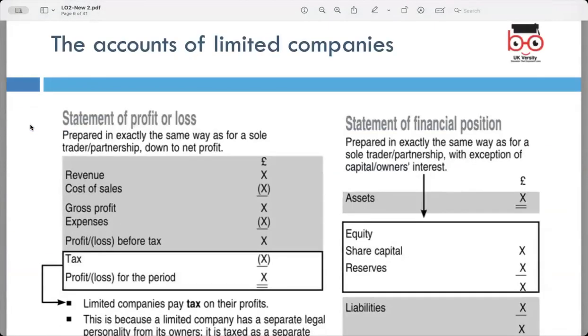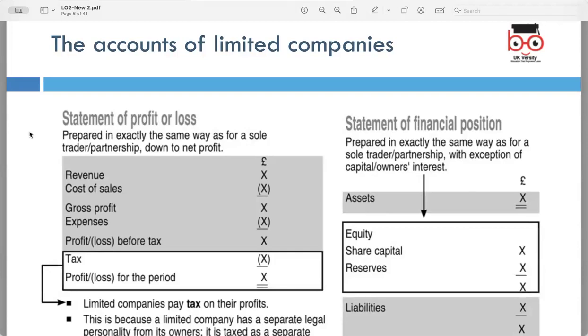So the accounts of limited companies. The financial statements of limited companies, while similar to those of sole traders and partnerships, have distinct elements reflecting their unique structure.